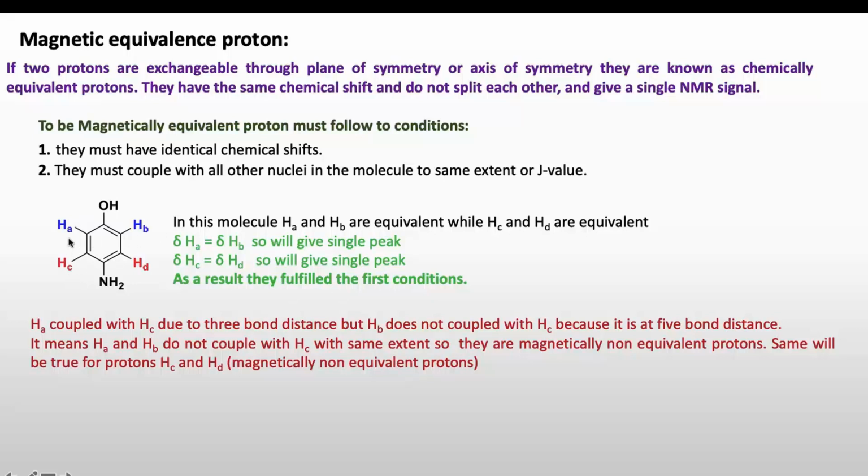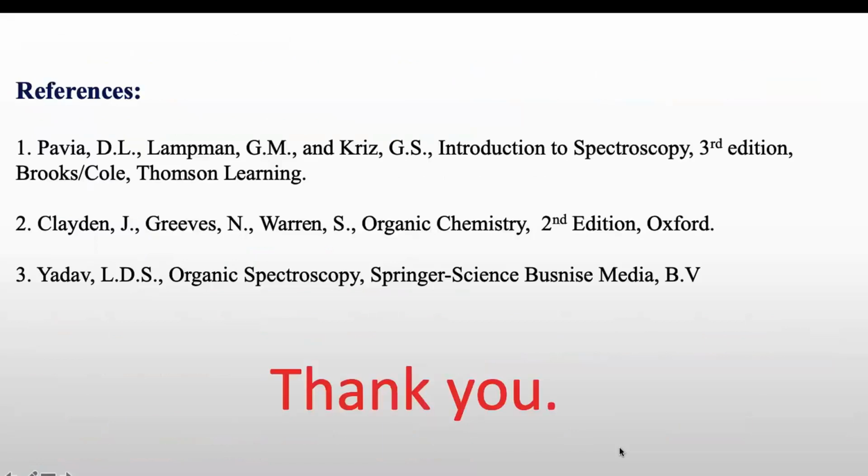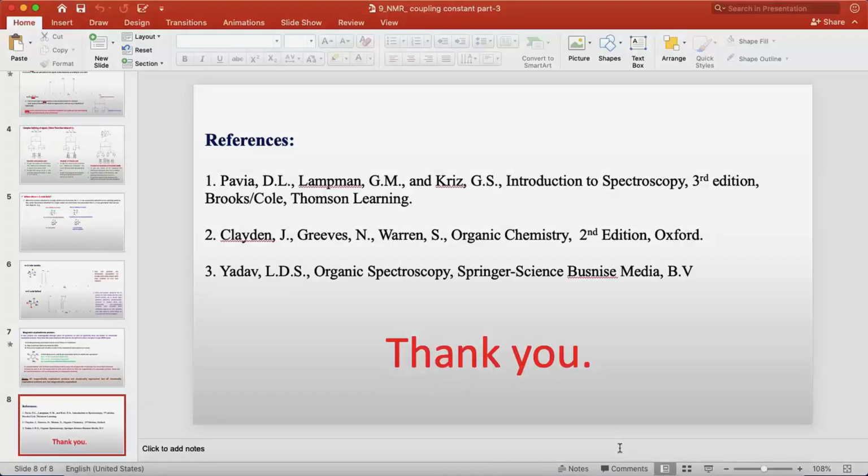So HA and HB are chemically equivalent, but they are magnetically non-equivalent protons. The same is true for HC and HD, because HC couples with HA at a 3 bond distance, but HD will not couple with HA because it is a 5 bond distance. So HC and HD are also magnetically non-equivalent protons. So all magnetically equivalent protons are chemically equivalent, but all chemically equivalent protons are not magnetically equivalent protons. Thank you very much.